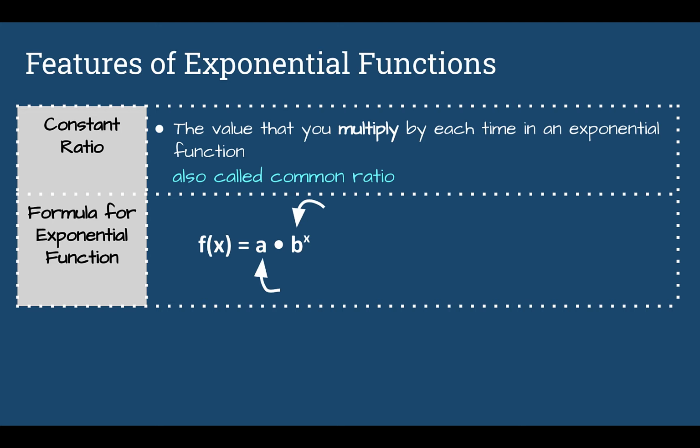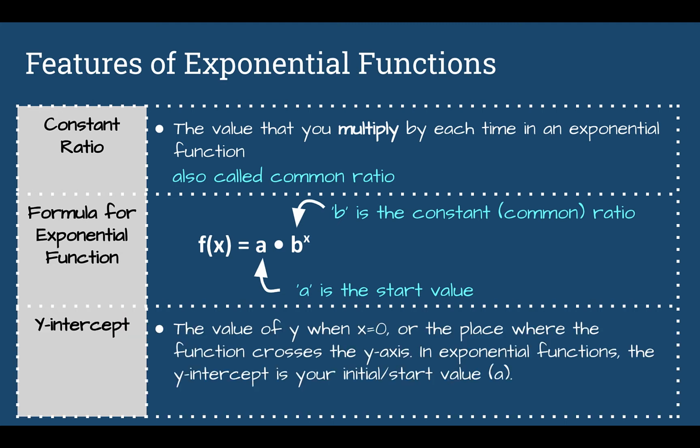In this situation, a is your start value, and b is our constant or common ratio. It's going to have two numbers, and almost always will be written in this format: f of x equals a number times a number to the x power. That x power stays as an x when we're writing our formula.